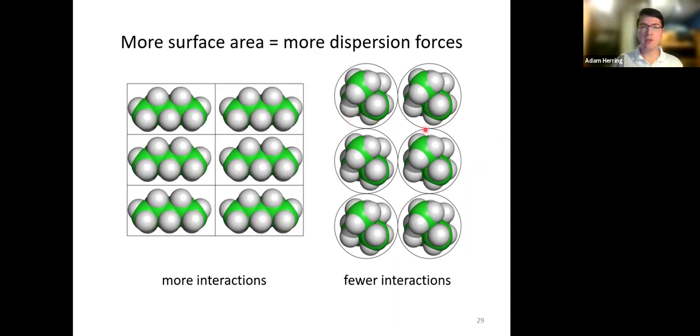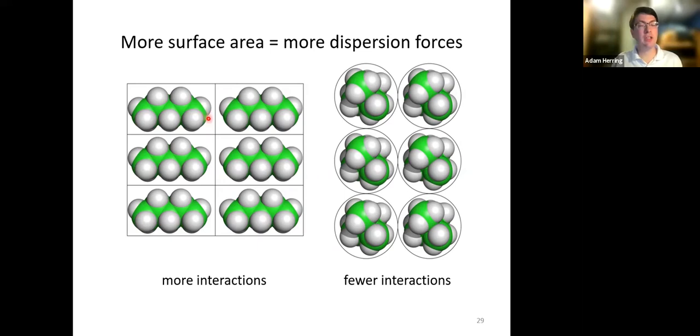So London dispersion forces also depend upon the surface area of the molecules. The larger the surface area, the more contact area between two different molecules, the more they're able to interact. So if we were to take two different isomers, molecules with the same molecular formula but different shapes, these are constitutional isomers.